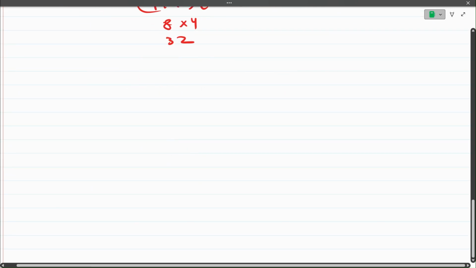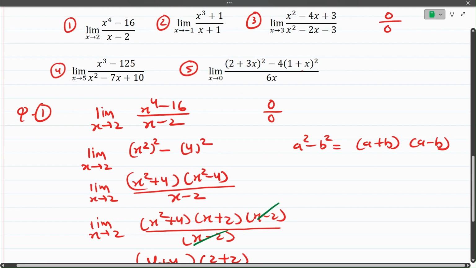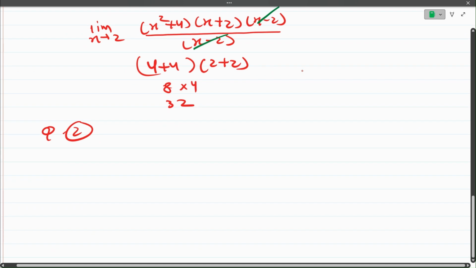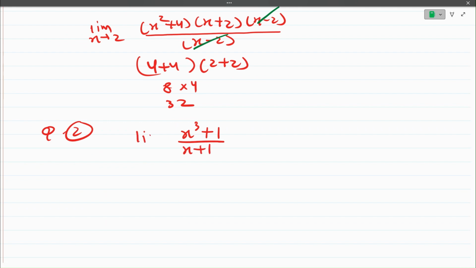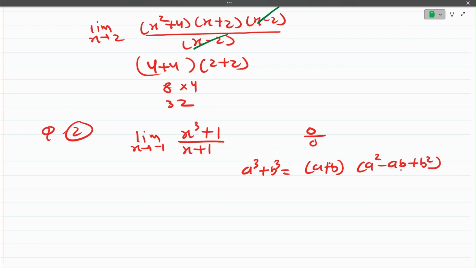The second one is x to the power 3 plus 1 over x plus 1, and this is limit x tends to negative 1. Here too, if you substitute x, you get 0 by 0. So in the numerator, we use the identity a cube plus b cube, which is a plus b, a squared minus ab plus b squared.